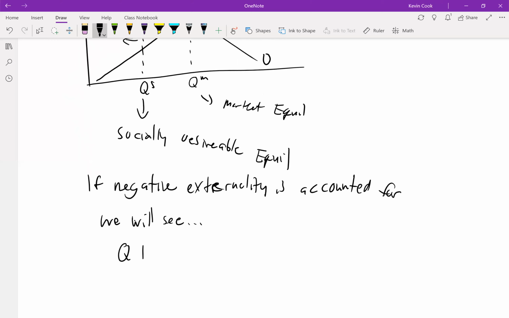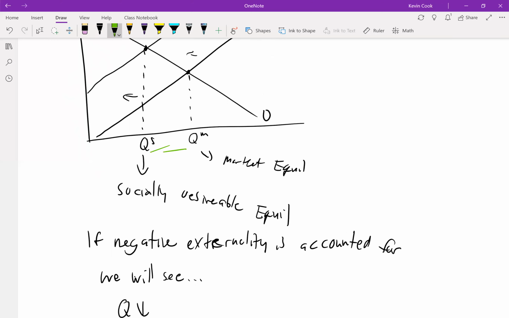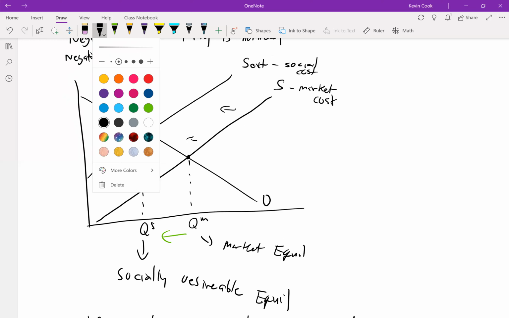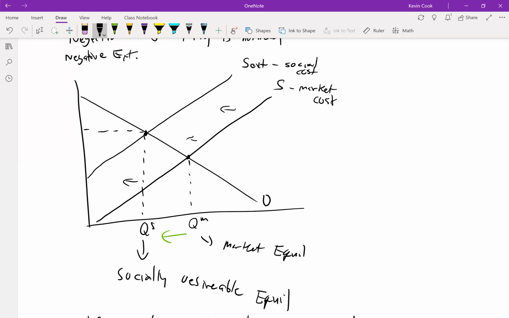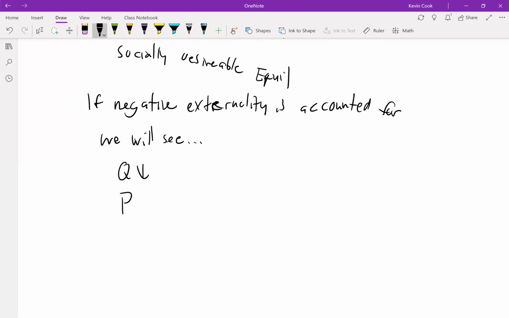Our quantity will go down, as we saw here, but our price of the good will go up. So the price in the market and the socially desirable price, the price will increase. So quantity goes down and the price will increase.